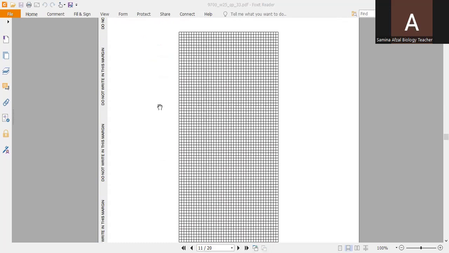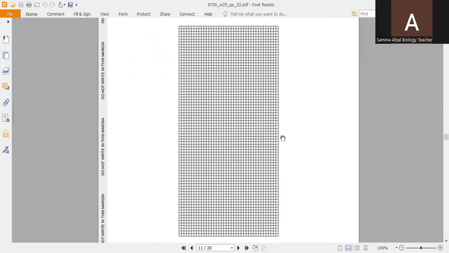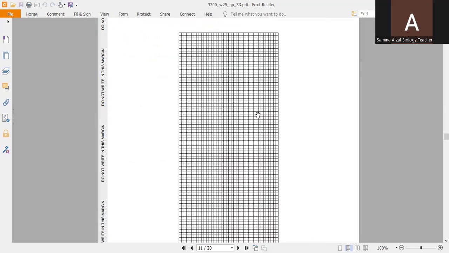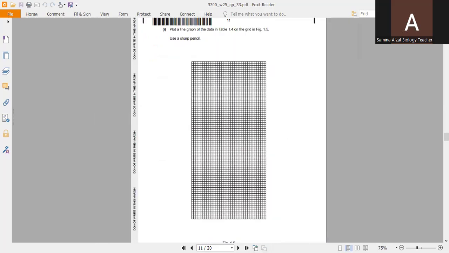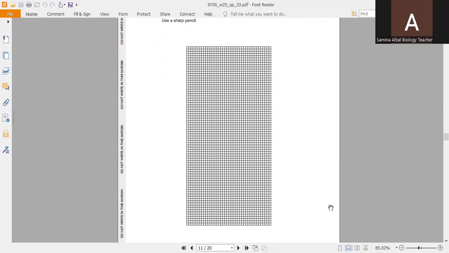For this purpose, you can see that you have to take these values and draw the two curves in this way.